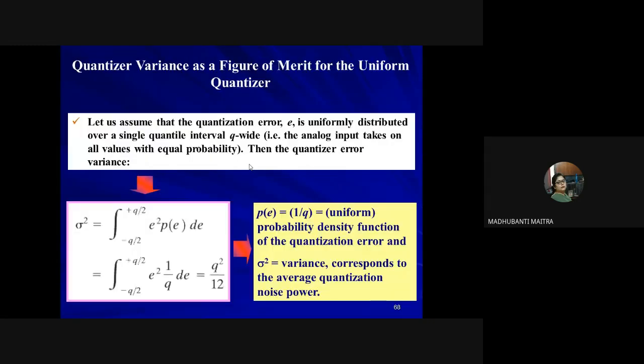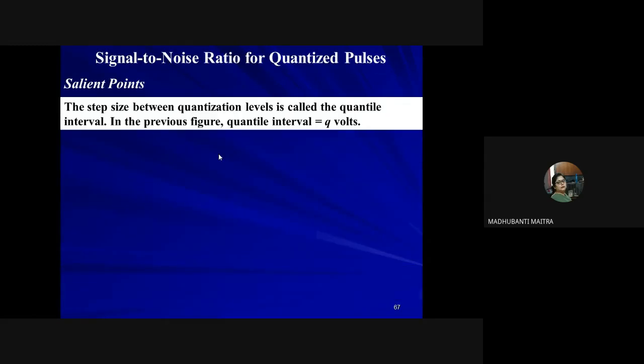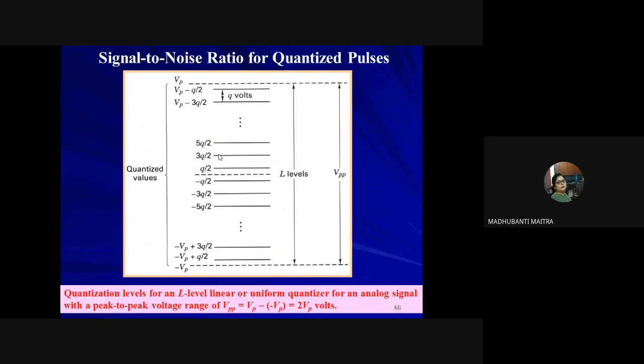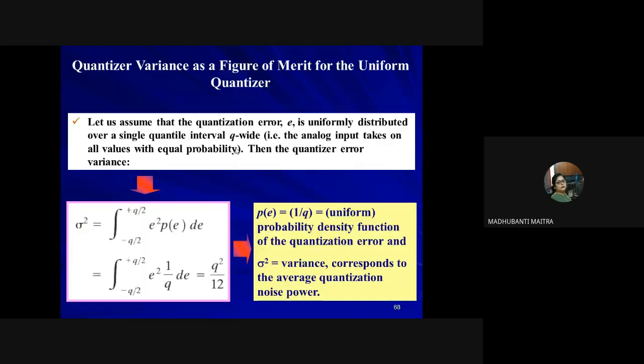So now we can find out the error, considering we are assuming that the actual analog signal can assume any value within this quantile interval, or within this quantile interval, or within this quantile interval. Okay, so that's why we are assuming that this random phenomenon is following uniform distribution.